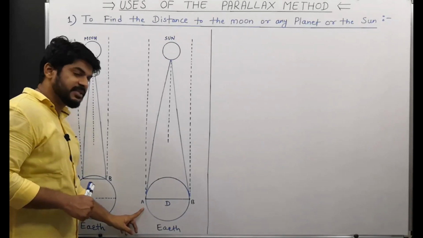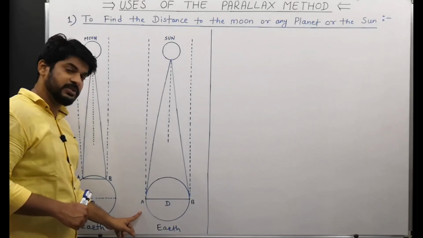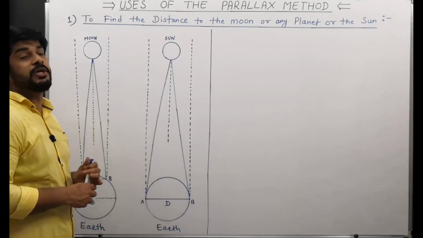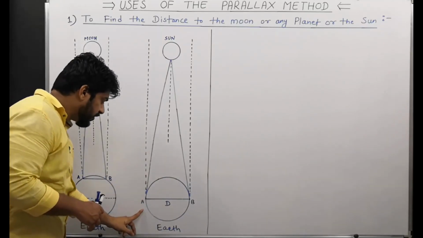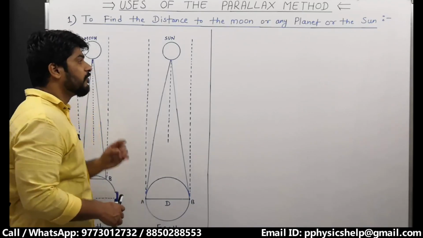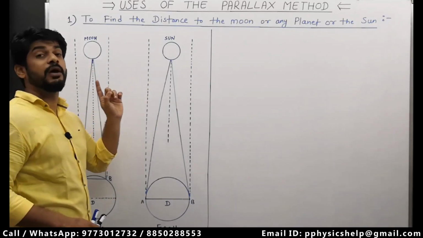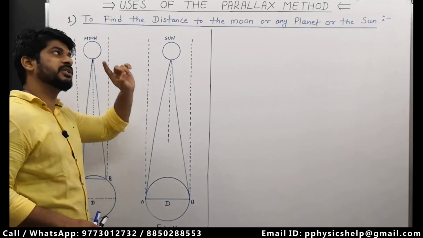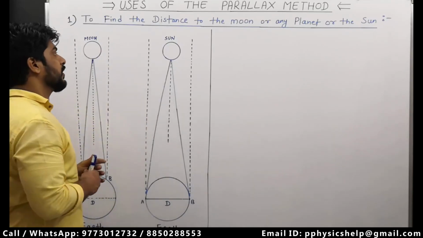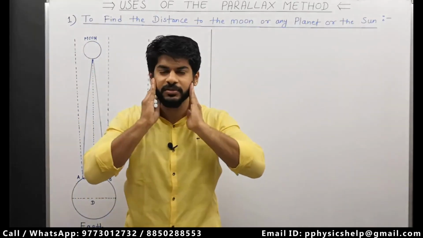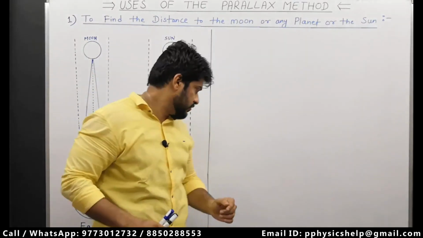First, let's say I go to this position, at A. From this point A, using my telescope, first of all I will observe the star, the distant object. Now the star would appear in a straight direction for us, in the same direction.